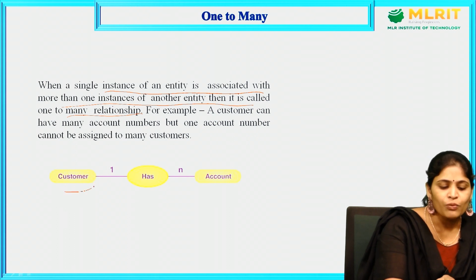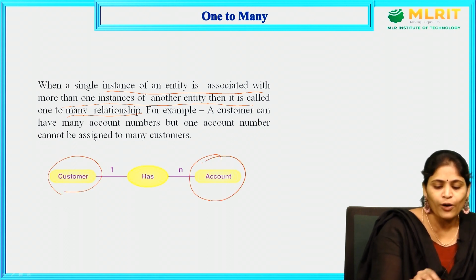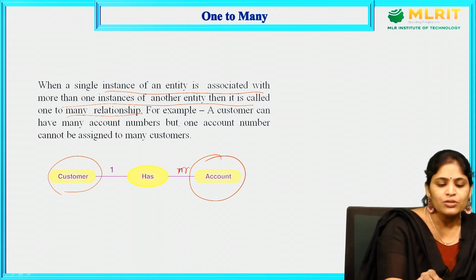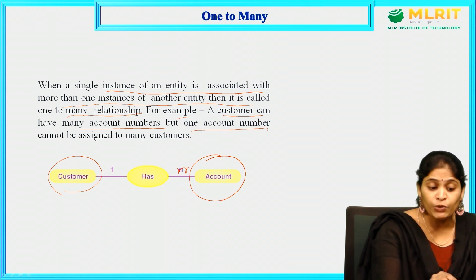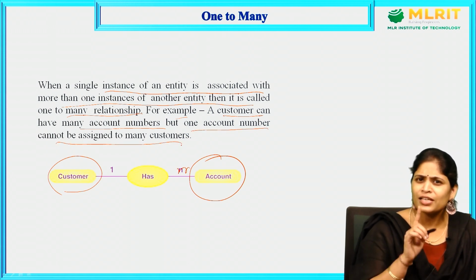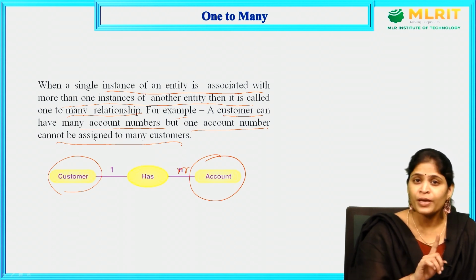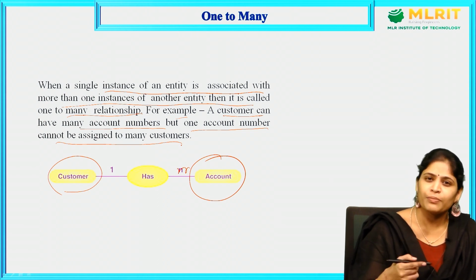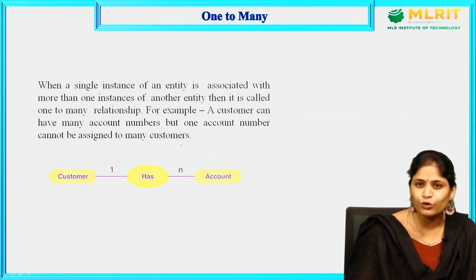See here, one customer can have many account numbers, one to many, right? For example, a customer can have many account numbers, but one account number cannot be assigned to many customers. The same account number must not be assigned to many customers. But a customer can have many account numbers. That is one to many.